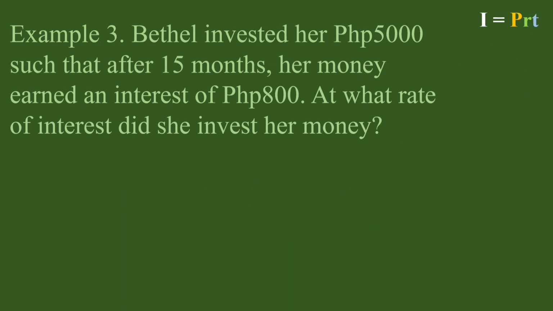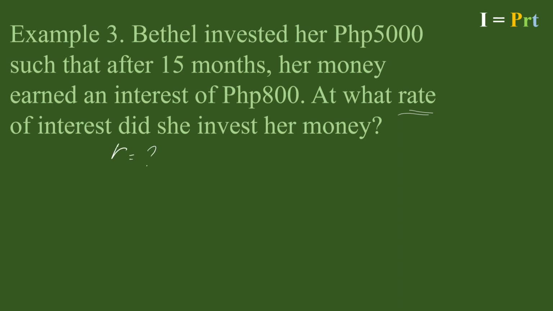Example number 3. So Bethel invested her 5,000 pesos such that after 15 months, her money earned an interest of 800 pesos. At what rate of interest did she invest her money? So, in this problem, you are asked of the rate of interest. So, in the formula, that is letter R. So, R is missing here.